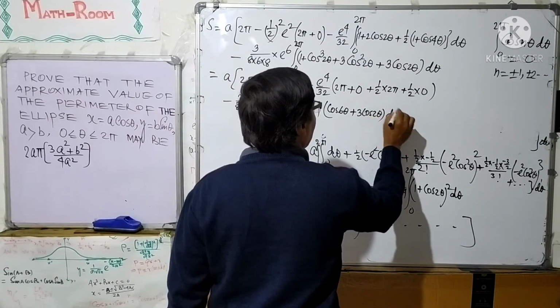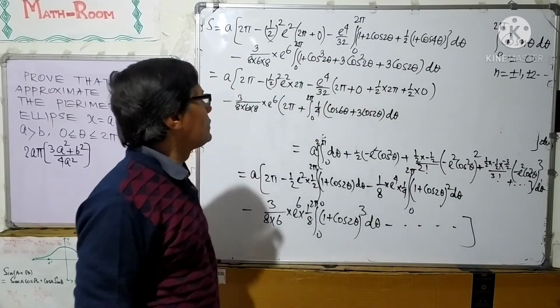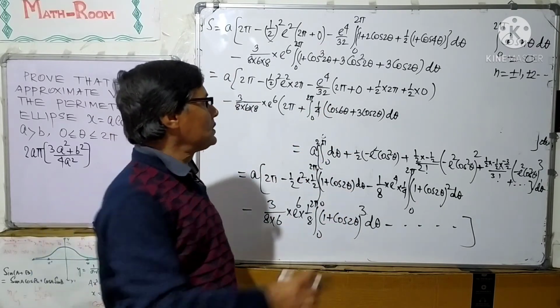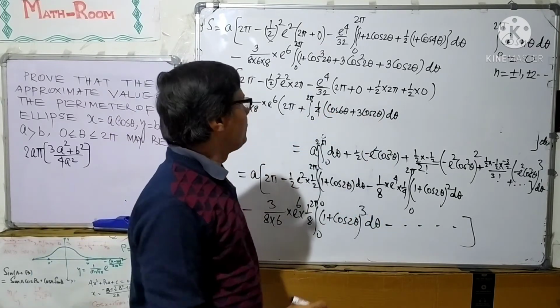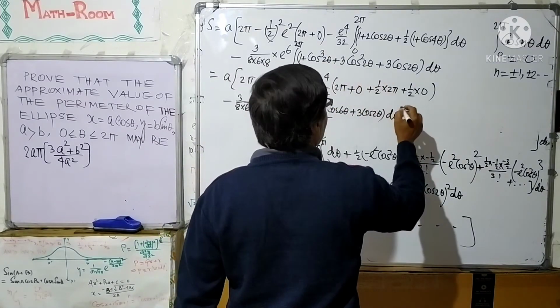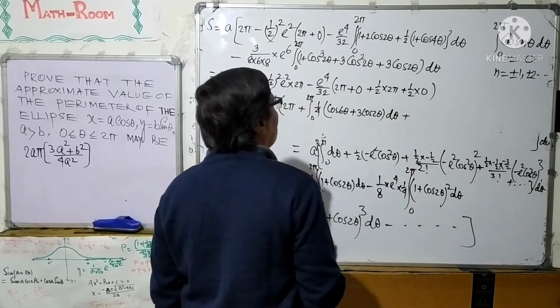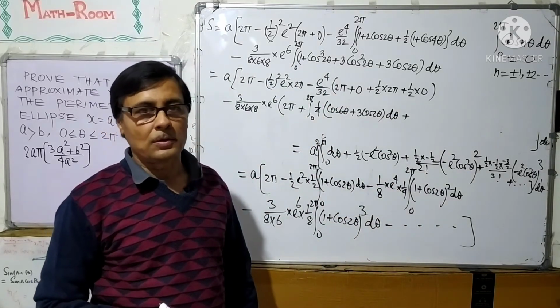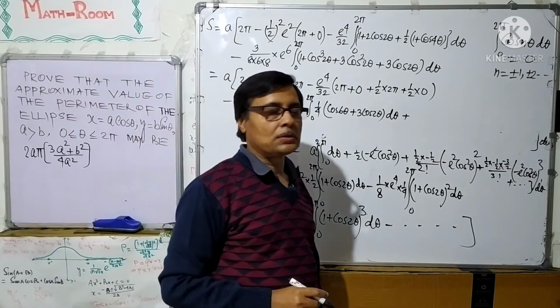This is the formula for cos cube theta. Cos cube 2 theta is equal to 1/4 into cos 6 theta plus 3 cos 2 theta. This is the integration d theta, and also 3 cos square 2 theta. Cos square 2 theta is also written as half into 2 cos square 2 theta, which is 1 plus cos 4 theta.